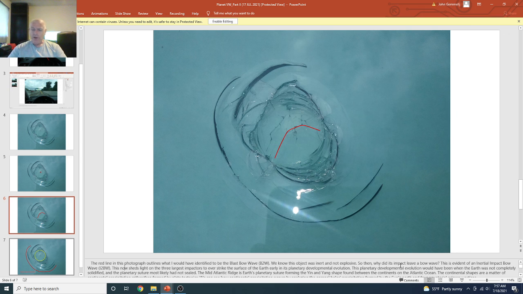So then, why did its impact leave a bow wave? So we're looking at this here. We have our little pop right here, and we have the consistent bow wave from the impactor here. Yet there was no explosion to create a bow wave of landmass built up like a small half-moon ridge.